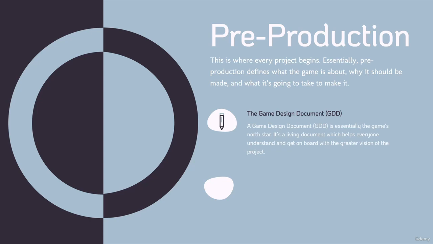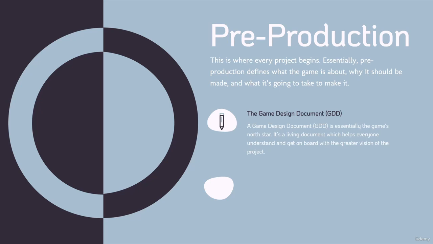The GDD is the main document used during game development to ensure unity of vision and simplify communication between developers. It serves as a reference and basis for further stages of development, including prototyping, levels, graphics, and programming.